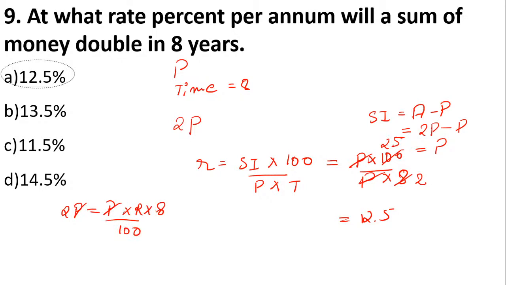P cancels. So here also you will get the rate is equal to 12.5. Okay, next question.